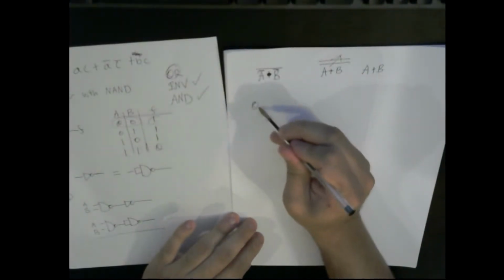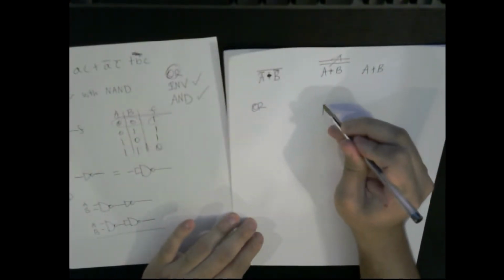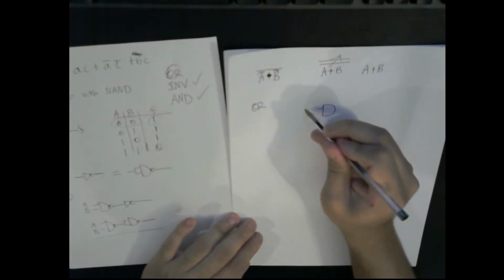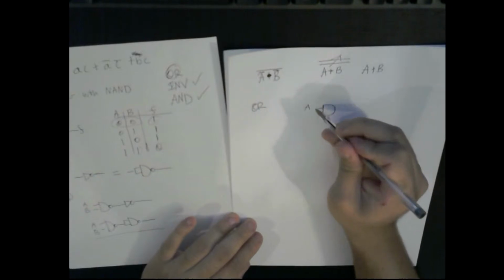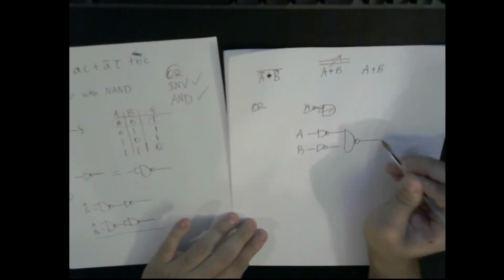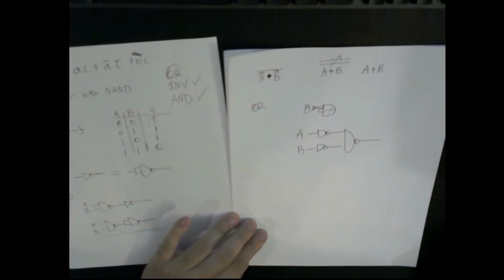So in order to make an OR with an AND gate, I can do this. I can have A, and I can invert it. Let me draw a bigger picture for you guys. I have an A, inverter, B, inverter, into my NAND gate, and this is the same as an OR.